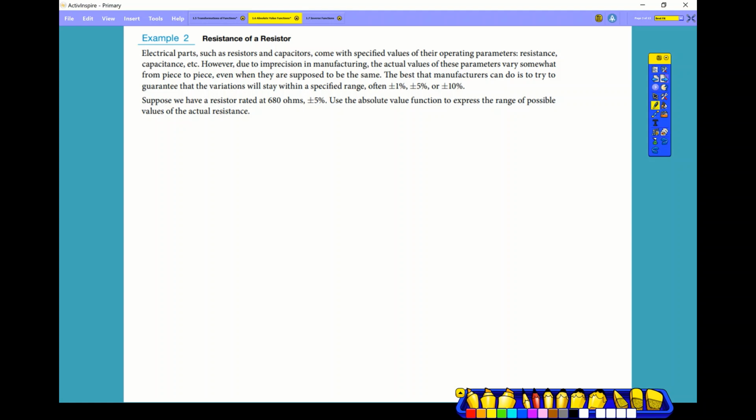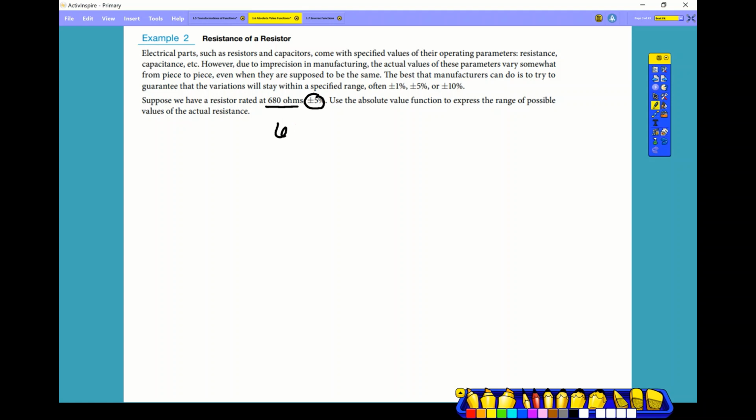Resistance of a resistor. I will give you a second to read this. Okay. So our resistor is rated at 680 ohms, and it's acceptable for it to be within 5%.